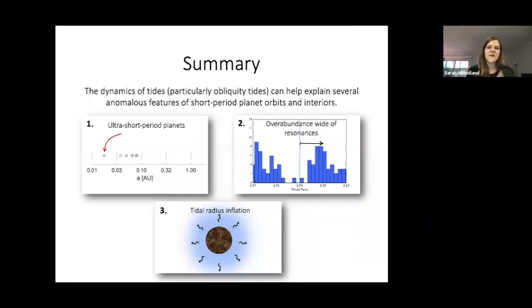So going forward, I think it should be interesting to keep examining these architectural anomalies and just overall better understand the role of dynamics and tides in affecting the features that we see. So thanks so much for your attention, and I'll take any questions that you might have.